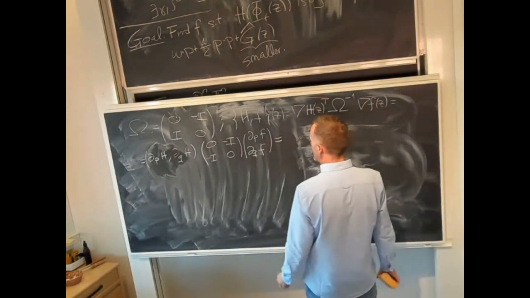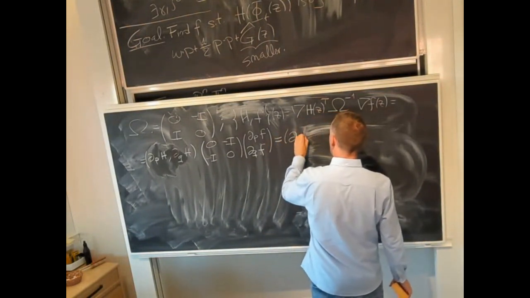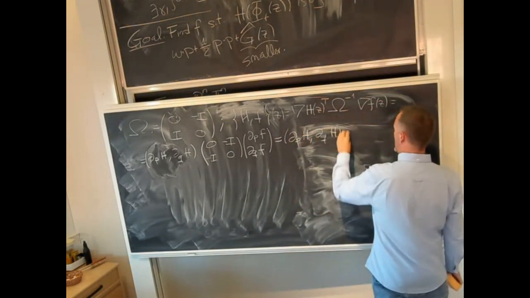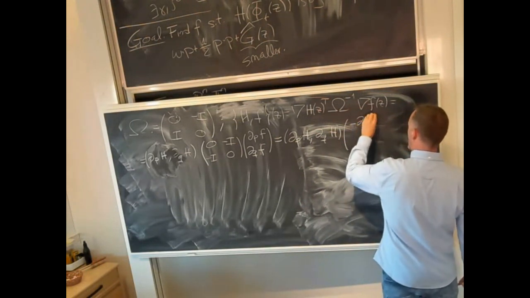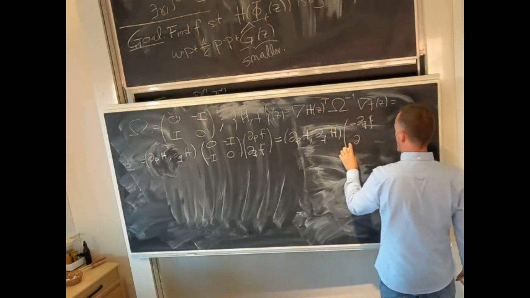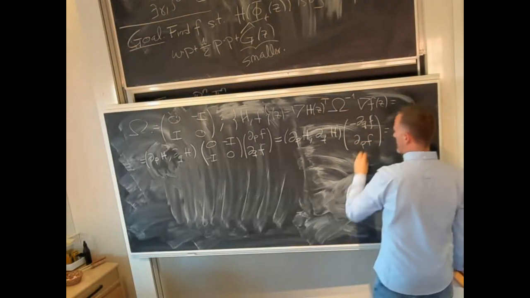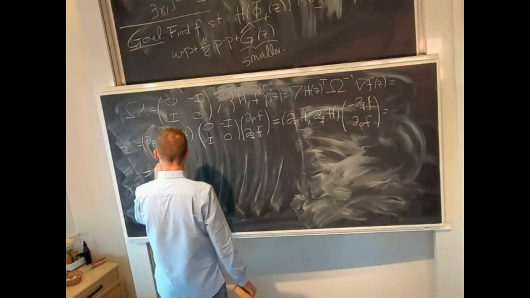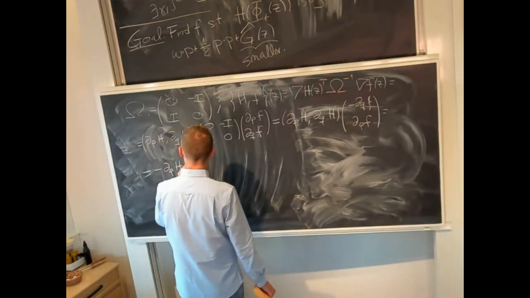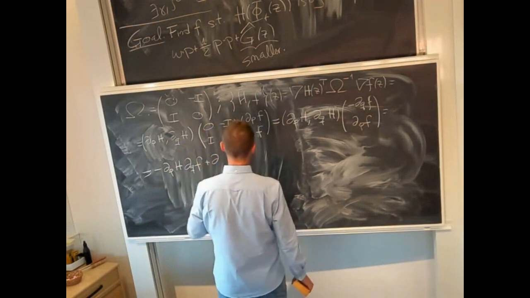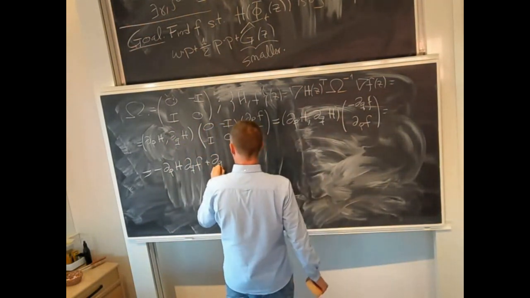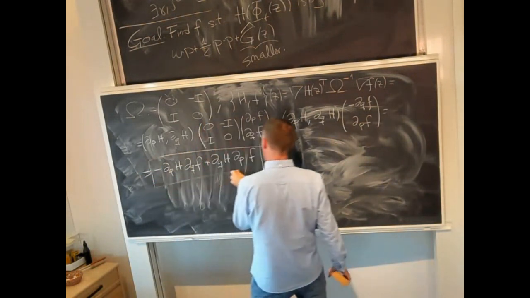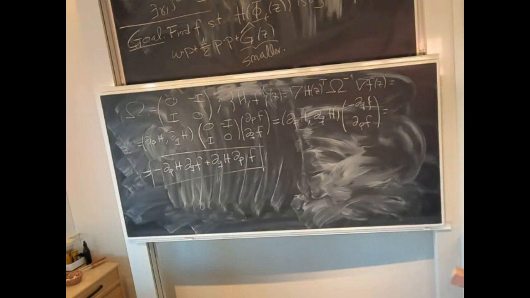So what we get here is partial derivative with respect to p of h, partial derivative with respect to q of h, and now we get minus partial derivative of q of f, and partial derivative with respect to p of f. So what we get is minus partial derivative with respect to p of h times partial derivative with respect to q of f, plus partial derivative with respect to q of h times partial derivative with respect to p of f. Okay? So this is a Poisson bracket.